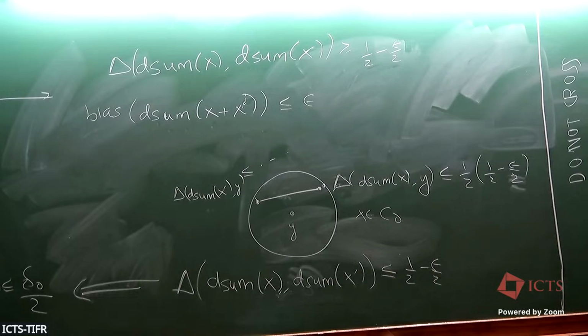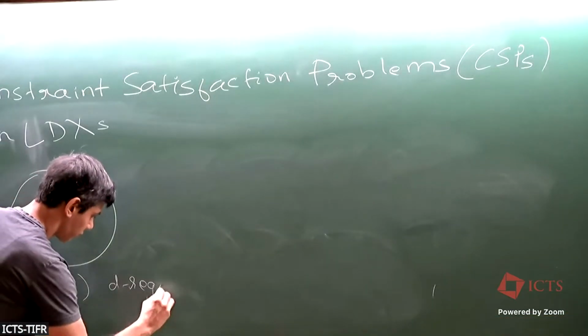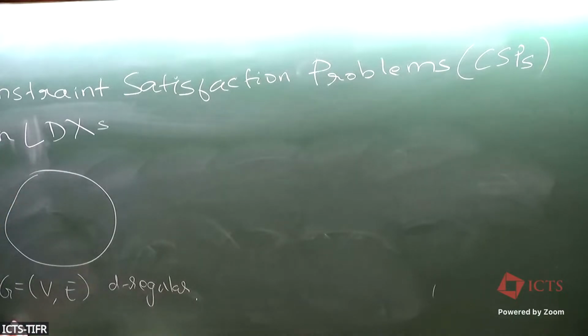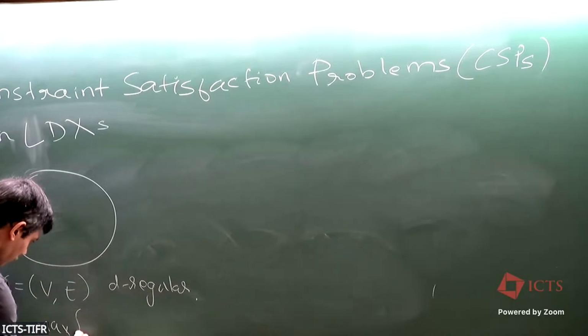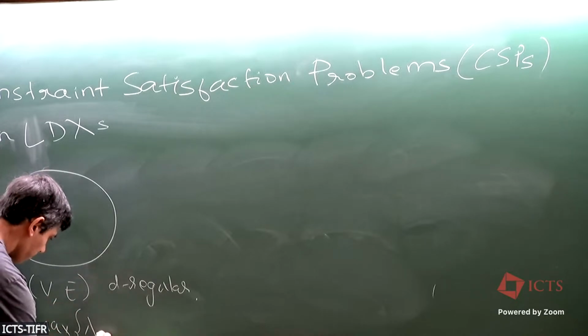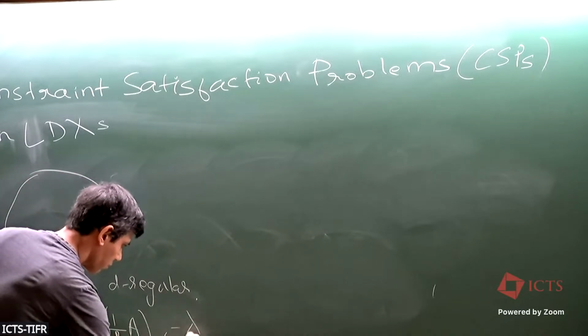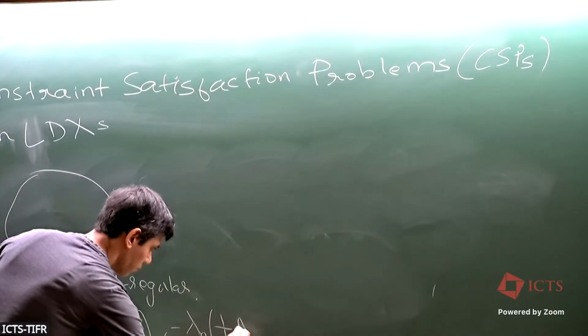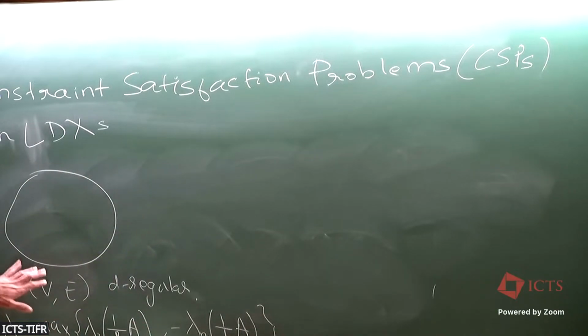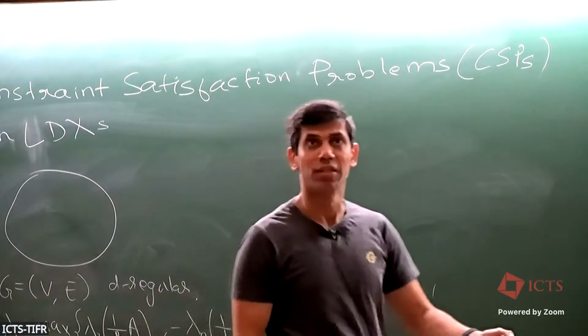Okay, so now let's think of kind of expanders we like. Let's think of an n-vertex d-regular graph. And let's think of it being lambda regular, sort of a lambda expander, where I'm thinking of the normalized adjacency matrix. Okay, so this is going to be our setup for the next few minutes.